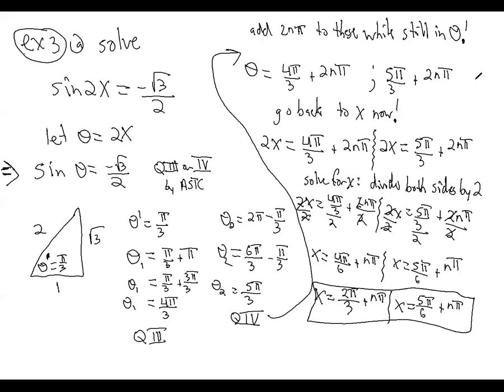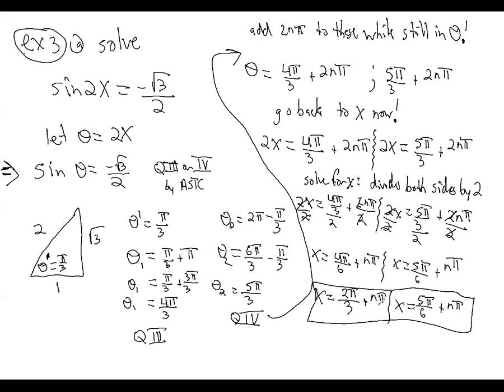So once you have this, then you go back to your solution in x. So the theta has become 2x. And then it was just simple algebra, divide everything by 2. You might say this part right here isn't simple because you're dividing a fraction by something else, but we've discussed that in class: multiply by the reciprocal. So that's how we got the 4 pi over 6 and the 5 pi over 6, reduced our fraction, and we got our solutions.